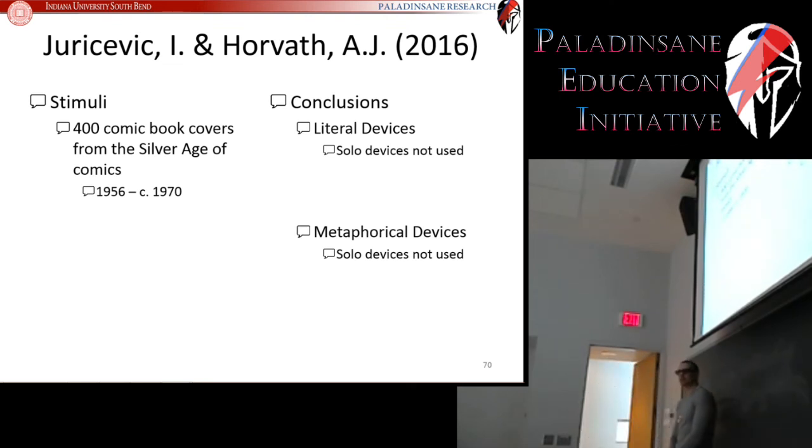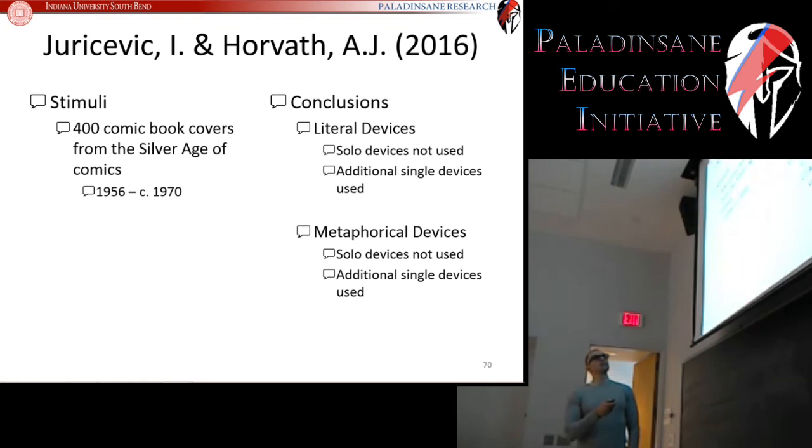Solo devices on their own are not used by artists, and they're not used by our minds because they don't carry enough information. So artists know, and our minds process this information in a way that just one device is usually not enough to communicate a particular motion.